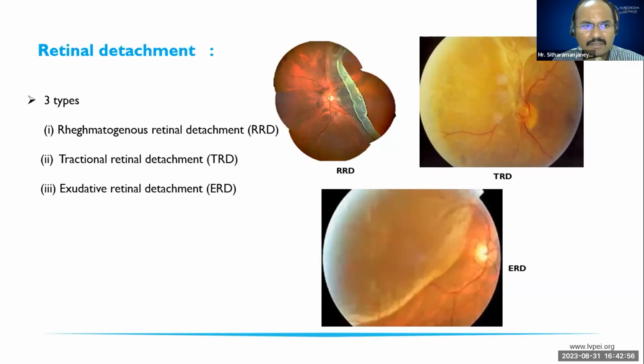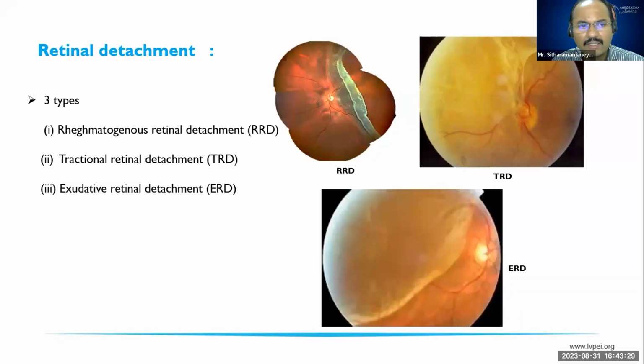The second one is tractional retinal detachment. This we usually see in severe diabetic retinopathy. When a patient has diabetic retinopathy, we notice a proliferative membrane forming between the vitreous and the retinal surface. This proliferative membrane pulls the retina out, so that is called tractional, and it causes tractional retinal detachment.